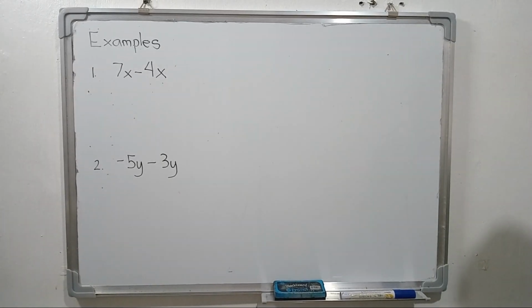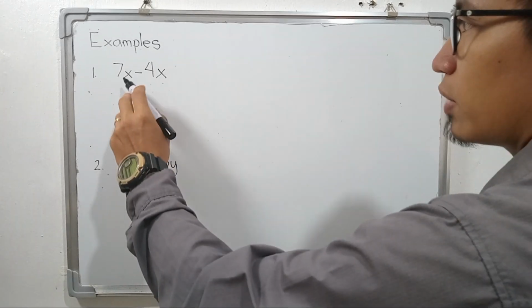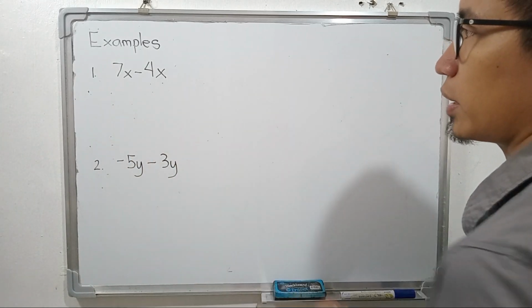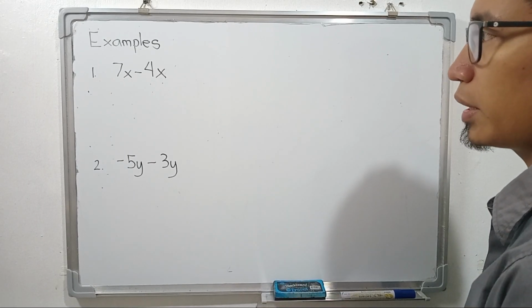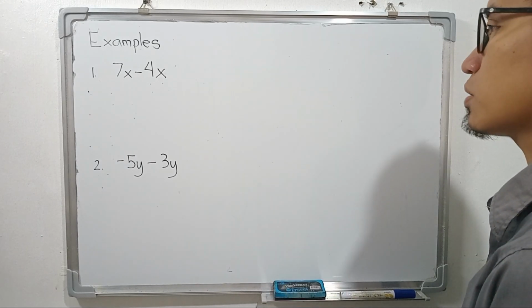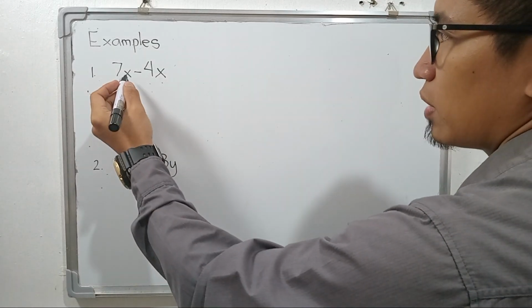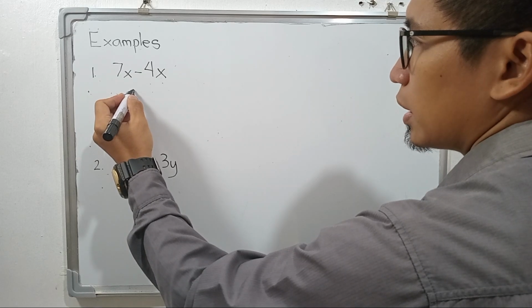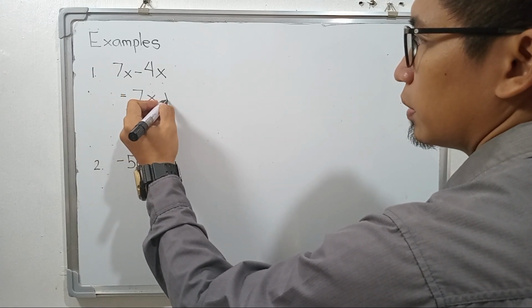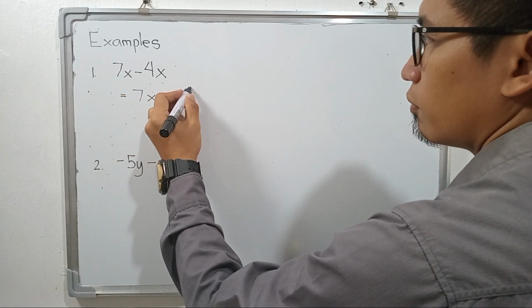Let's have our examples. Number 1, we have 7x minus 4x. Now remember, subtracting a monomial is just the same as adding its opposite. So 7x minus 4x is just the same as 7x plus negative 4x.